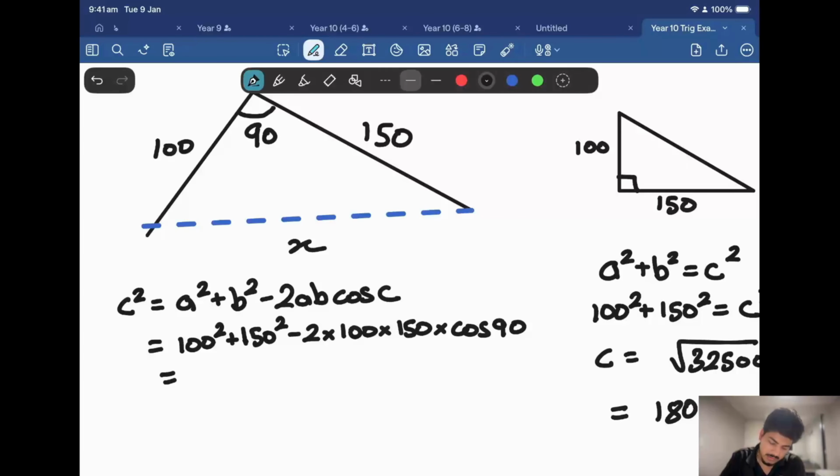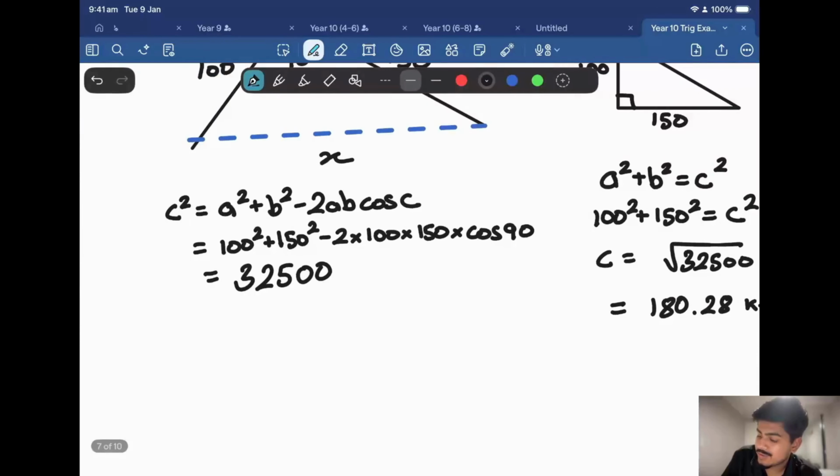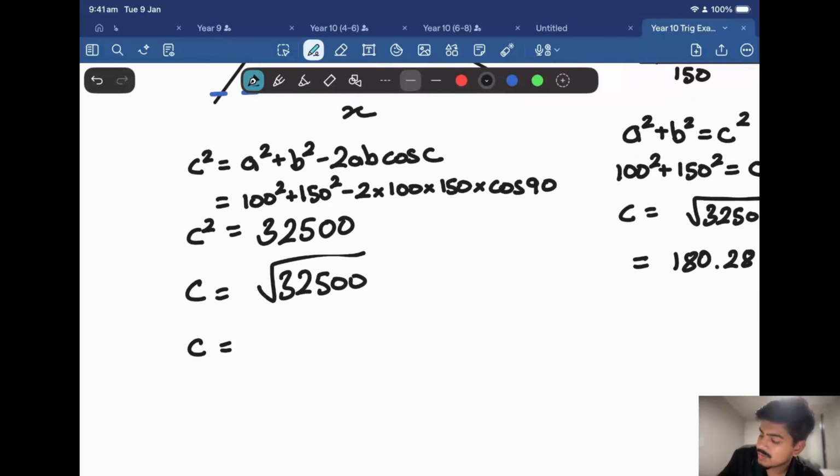That's 32500, which is c squared, right? So c is square root of 32500, right? So c is just 180.28 kilometers. Okay.